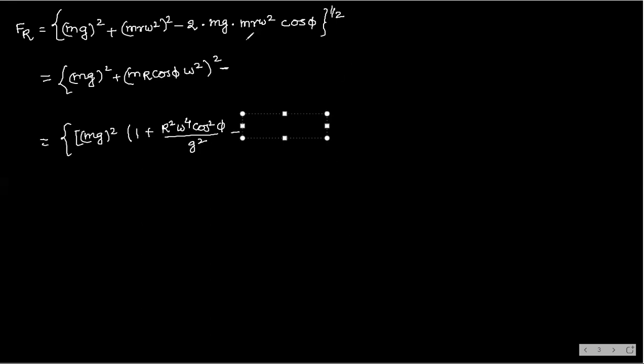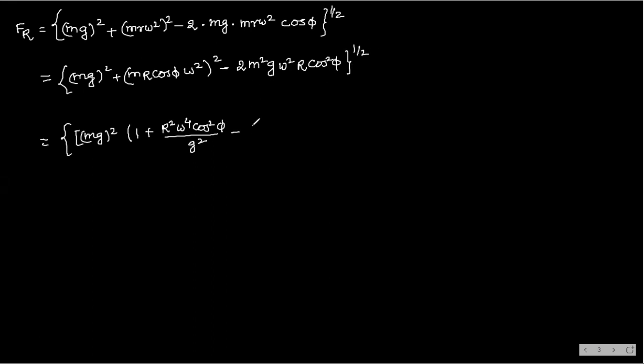So minus 2 m square g omega square. This small r I am keeping as r, and this is again cos square phi, because r cos phi into cos phi is r cos square phi, and this is whole power 1 by 2.